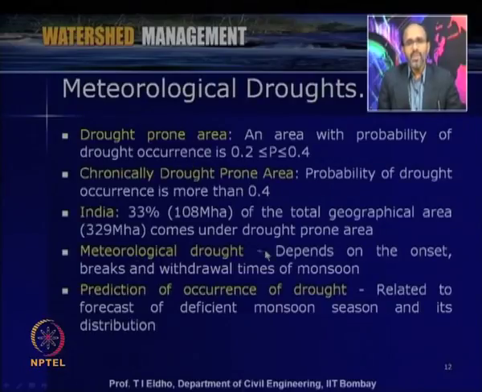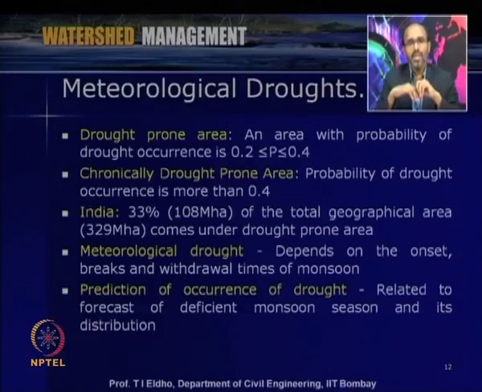Then this meteorological drought depends on the onset, breaks and withdrawal times of monsoon. For example, if we consider the monsoon condition in a country like India, this meteorological drought will depend on what time the monsoon starts, the onset of monsoon, and whether the monsoon is continuously proceeding to various locations of the country, or whether it breaks, or what time it will be withdrawing, the withdrawal times of the monsoons.